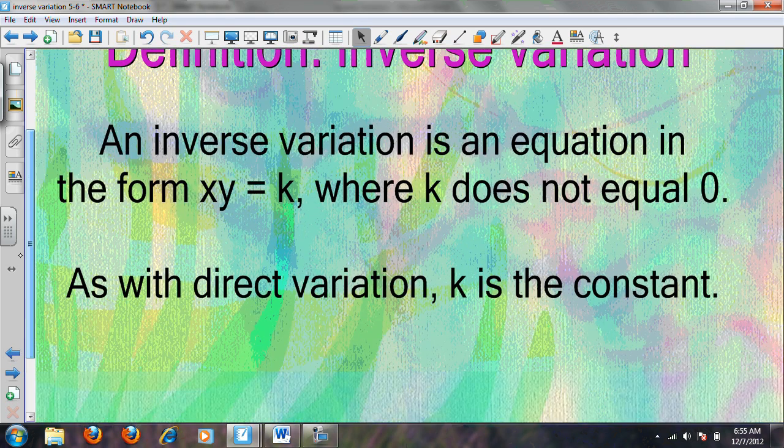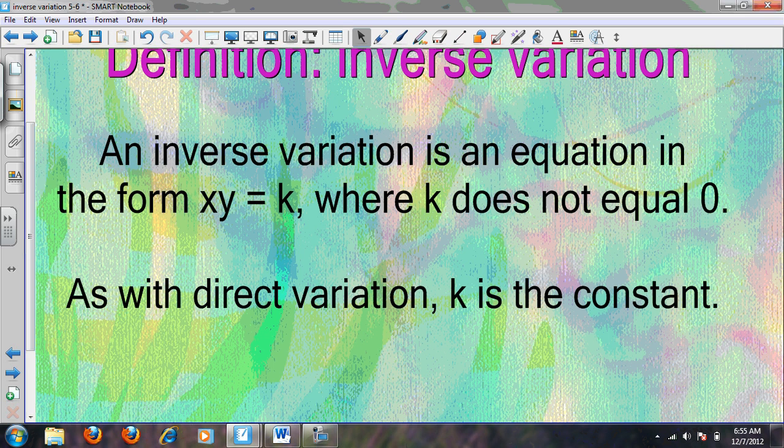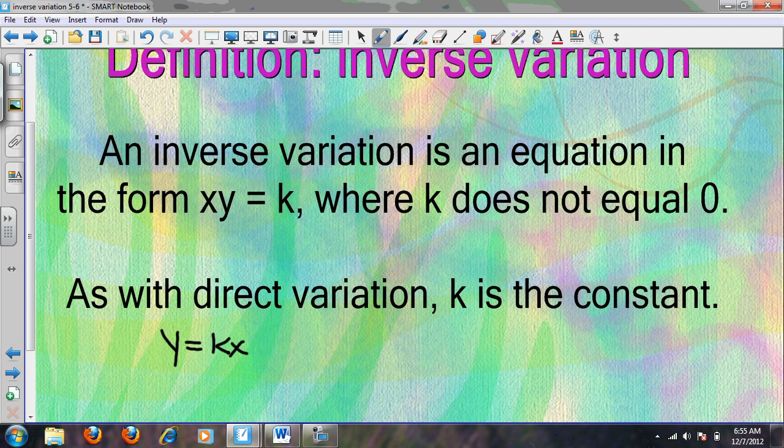You can remember that in a direct variation we had a k as a constant. y equals kx. That was with direct. Inverse, you've got the form xy equals k, or y equals k over x.